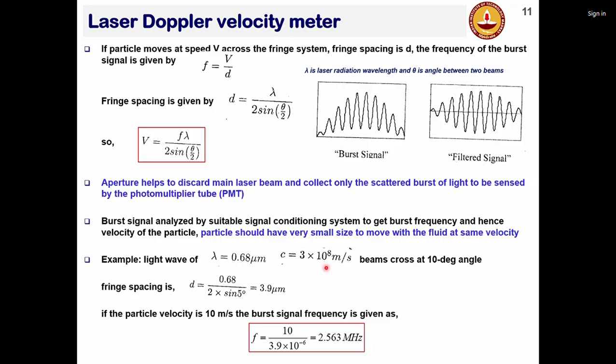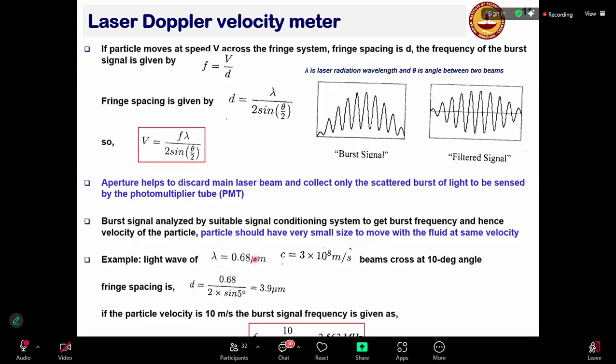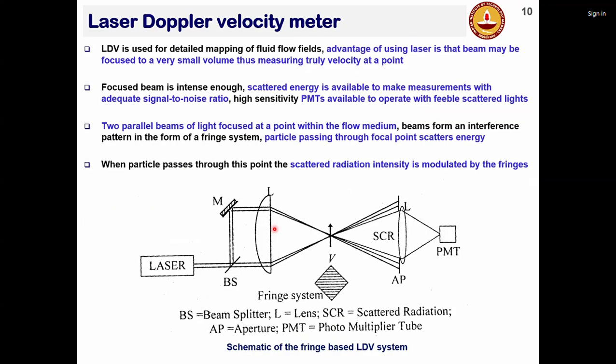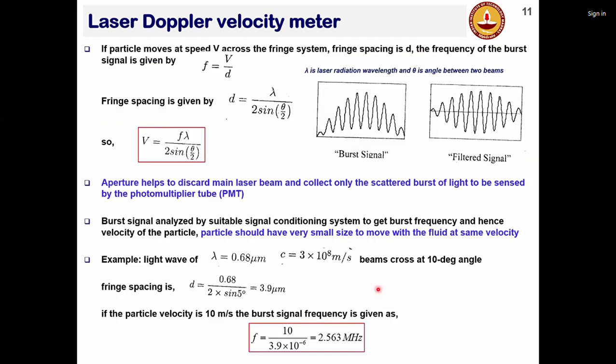Predict first the fringe spacing. The fringe spacing for this laser will be 0.68 divided by 2 into sine theta by 2, so that is 5 degrees. And that is basically 3.9 micron. So the spacing between the fringes is 3.9 micron.